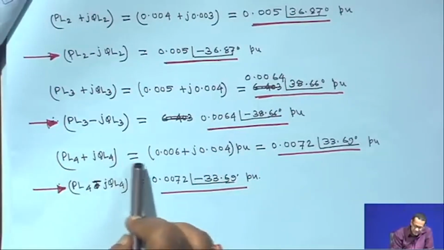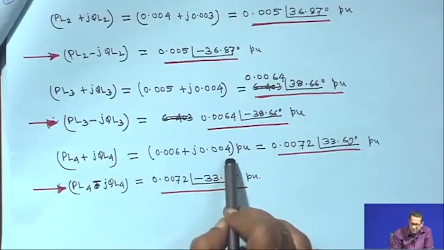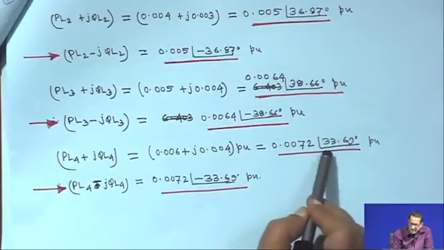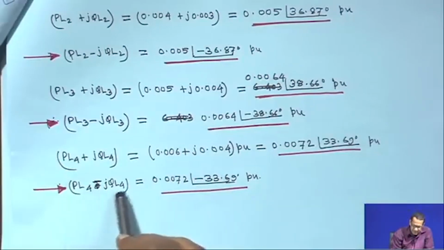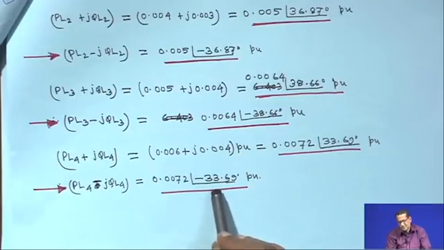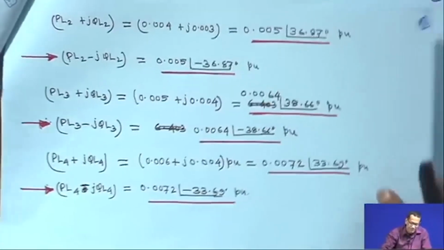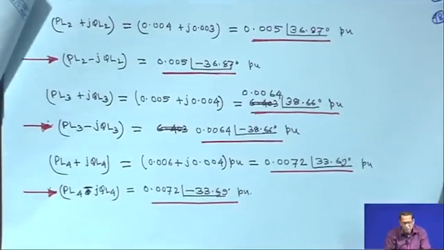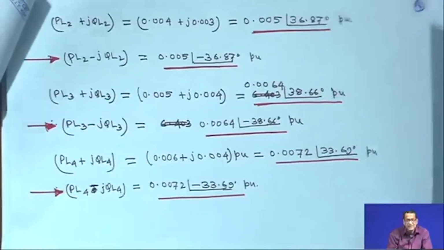Similarly, PL4 plus jQL4 is equal to 0.006 plus j 0.004, which is 0.0072 angle 33.69 degree per unit. Therefore, PL4 minus jQL4 is 0.0072 angle minus 33.69 degree per unit, right. So, the loads are all computed in per unit and I have taken their conjugate.